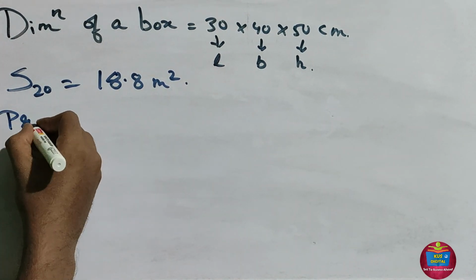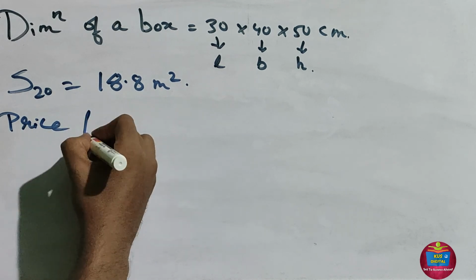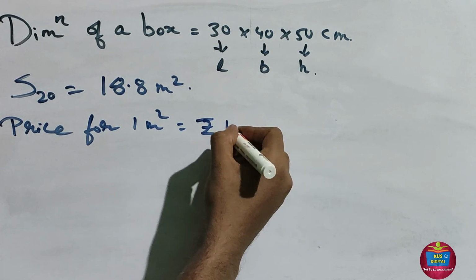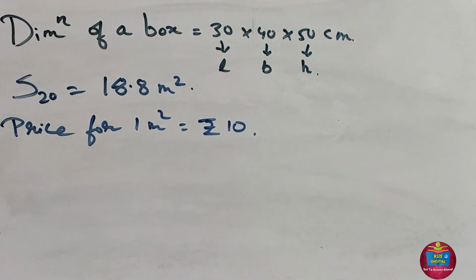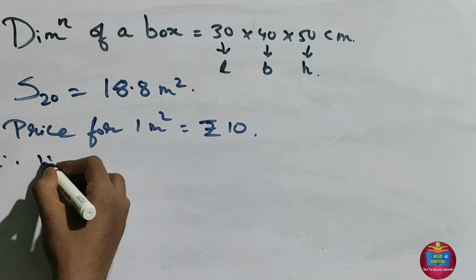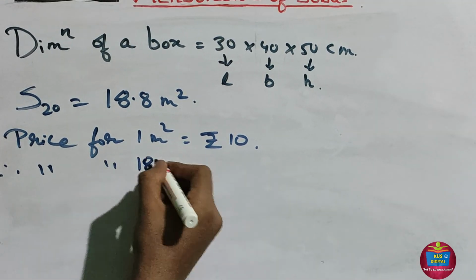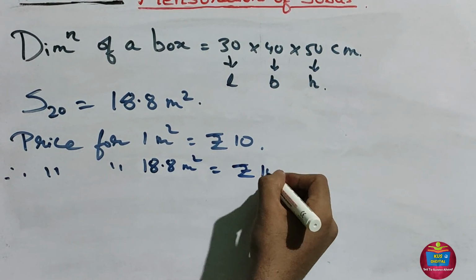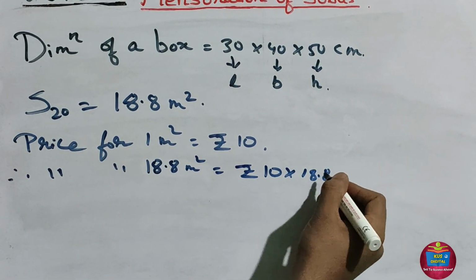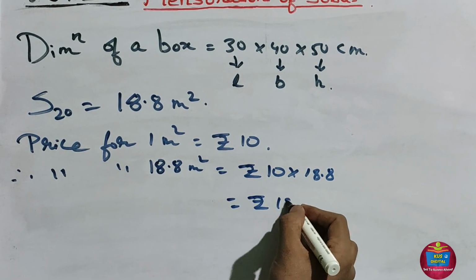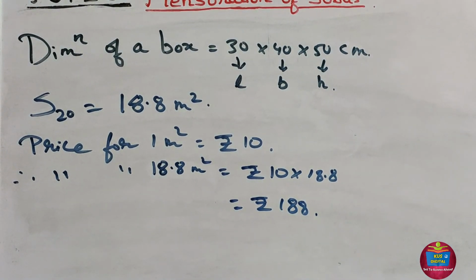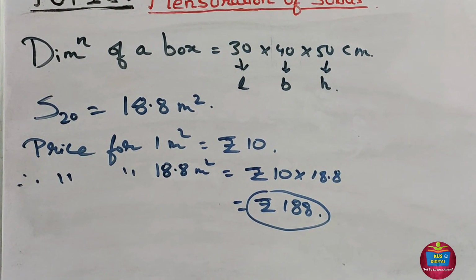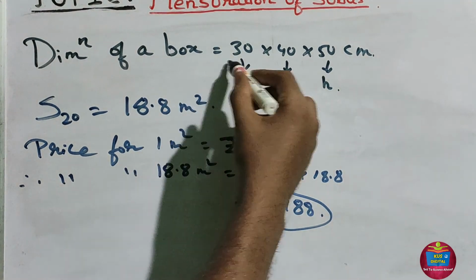So price for 1 meter square equals 10. Therefore the price for 18.8 meter square equals rupees 10 into 18.8, that means rupees 188. So that's the cost of making 20 boxes of this dimension.